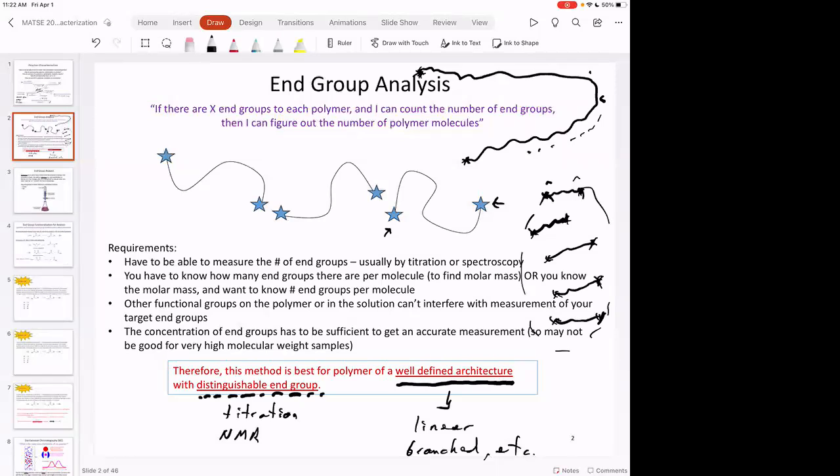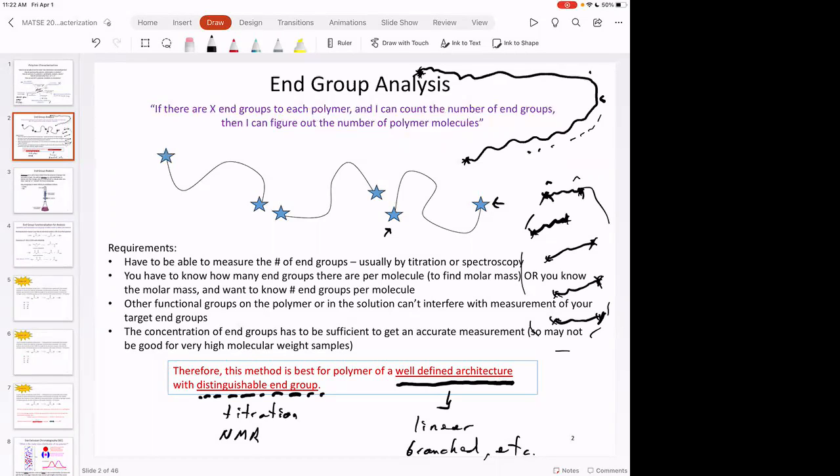I know you love that part of organic chemistry, but NMR tells you about different protons and how they're arranged in the chemical structure. So if you have the right chemical structure, or if you do the right modification to the end group, you can figure that out in some sort of characterization analysis, and then you can calculate molecular weight.